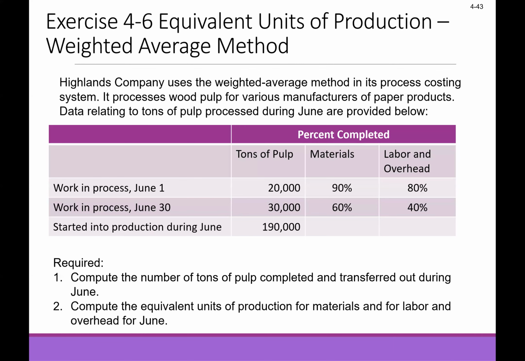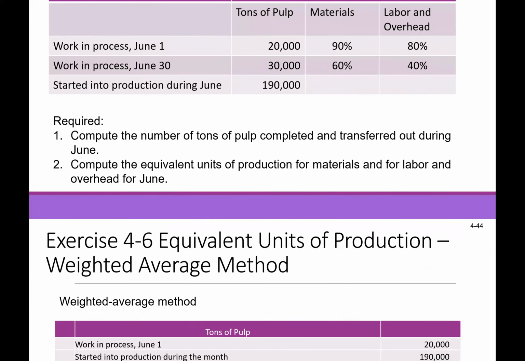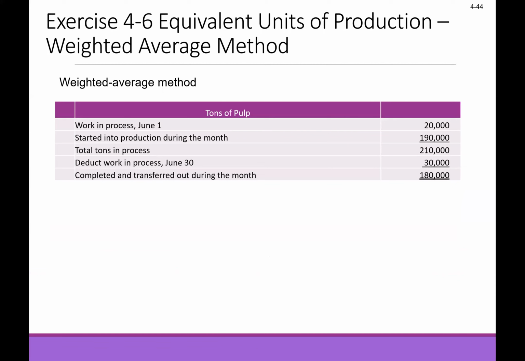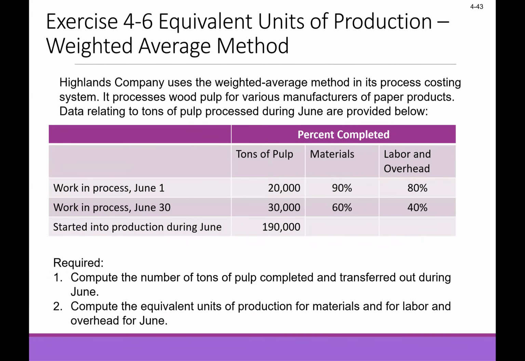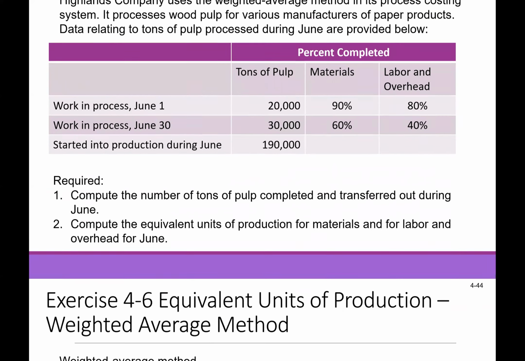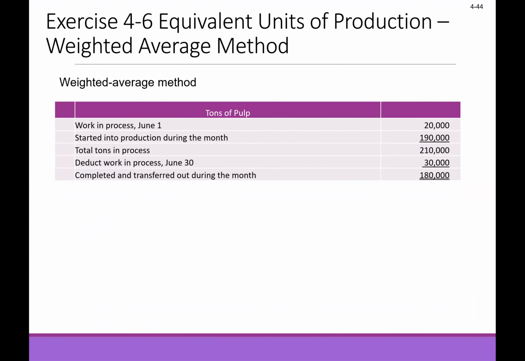So first, number of tons of pulp completed and transferred out. We started with 20,000. You see that? Started with 20,000. We added to it 190,000, which gives us total tons of 210,000.